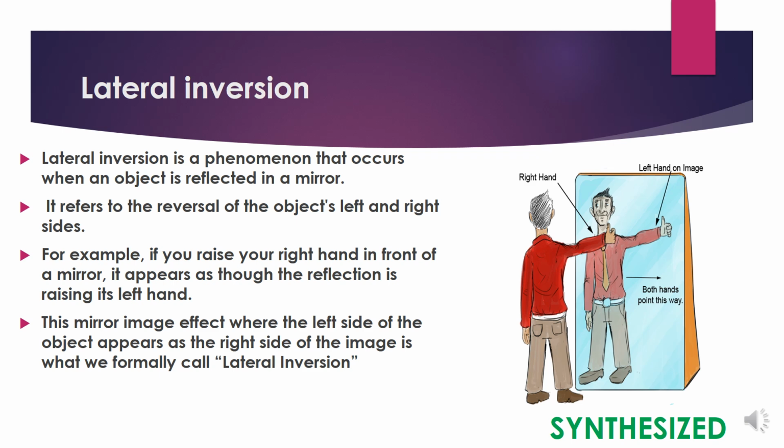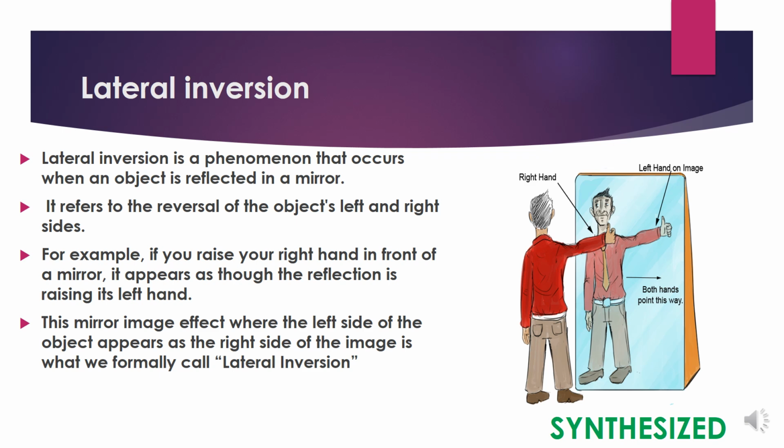Example, अगर आप आपका right hand ऊपर करेंगे in front of the mirror, your reflection will be seen as raising the left hand. So, the mirror image effect, where the left side of the object appears as the right side of the image, is what we formally call lateral inversion.